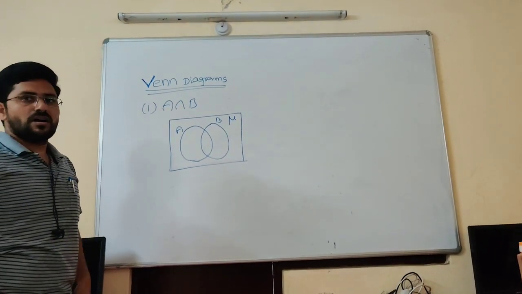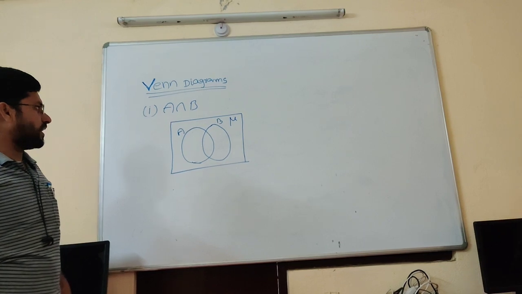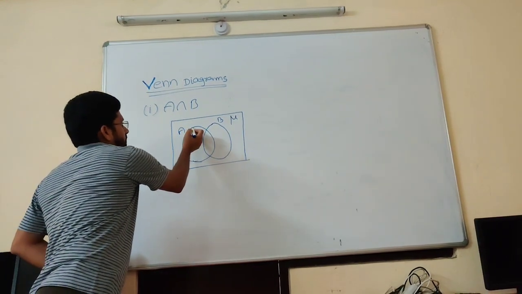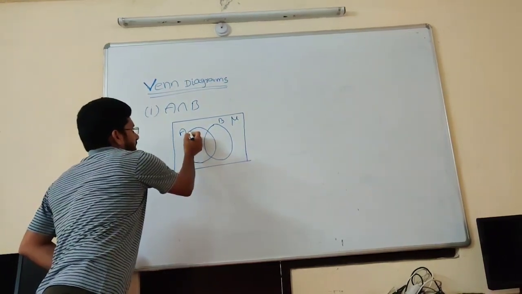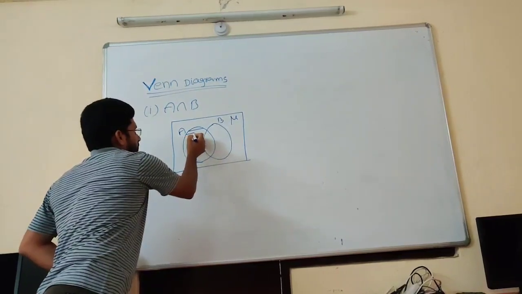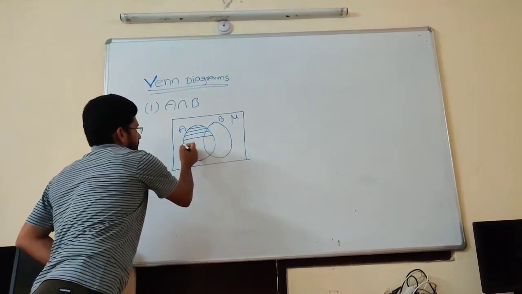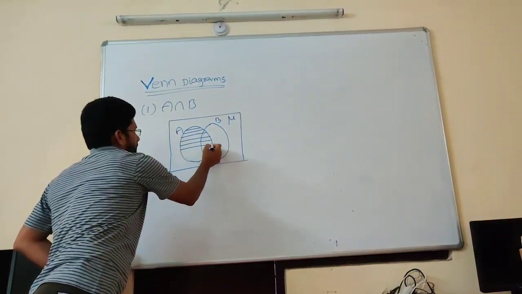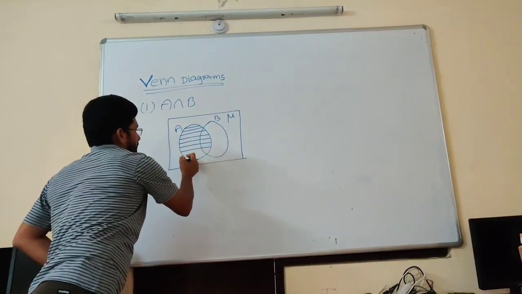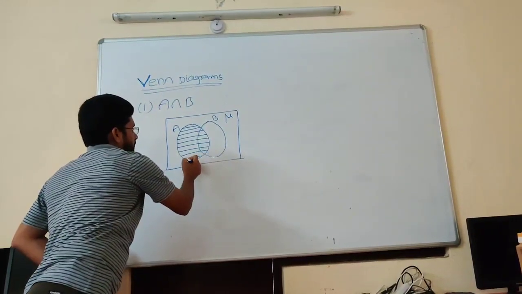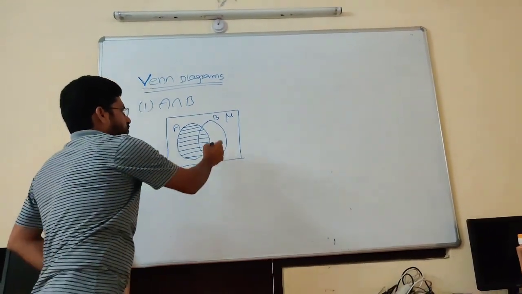So which is the common portion from these two sides we have to take now. Just take A as horizontal lines and B as vertical lines.